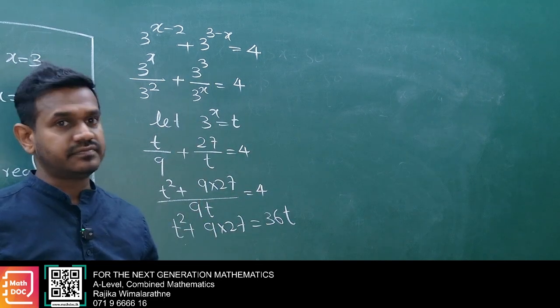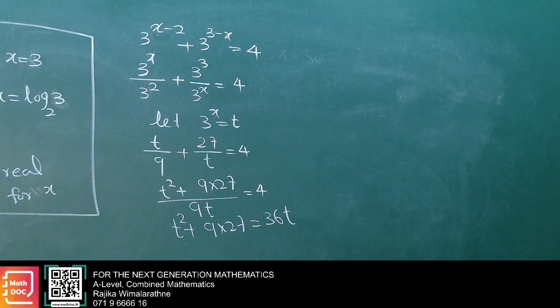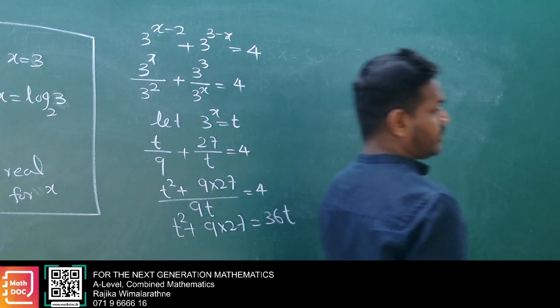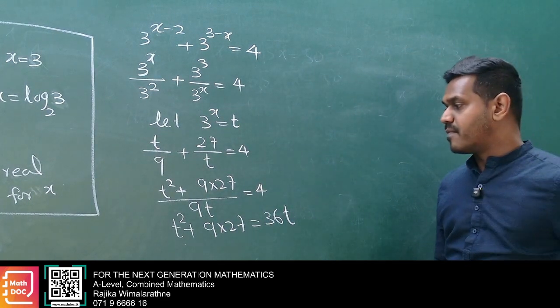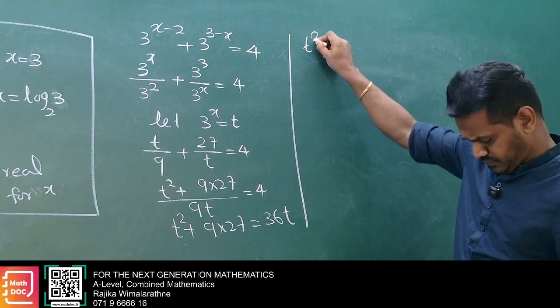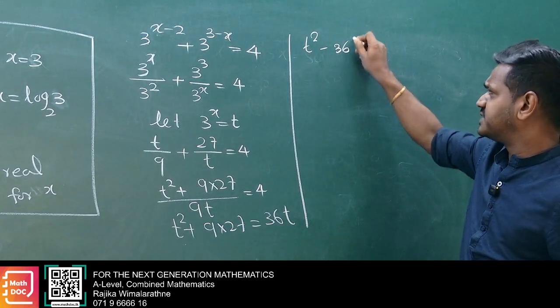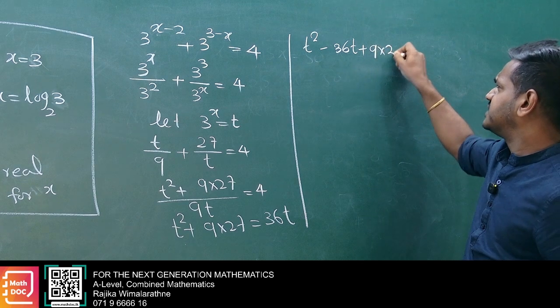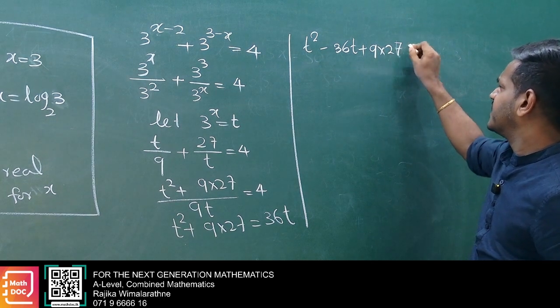Okay, start it now. t square minus 36t plus 9 into 27 equals 0.